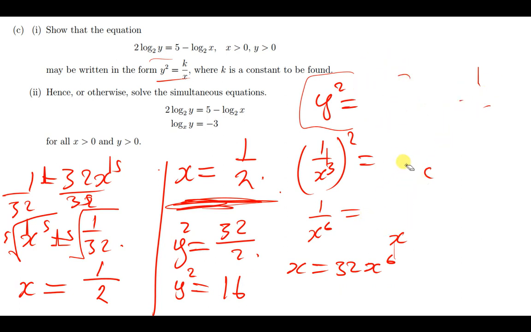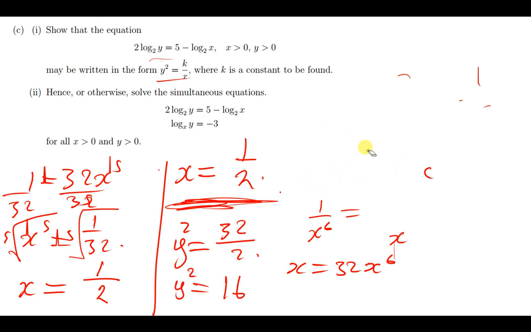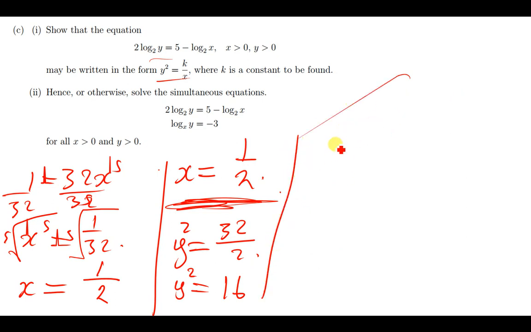So when we square root both sides, we have y squared is equal to 16. So the square root of that, this should work with plus or minus.